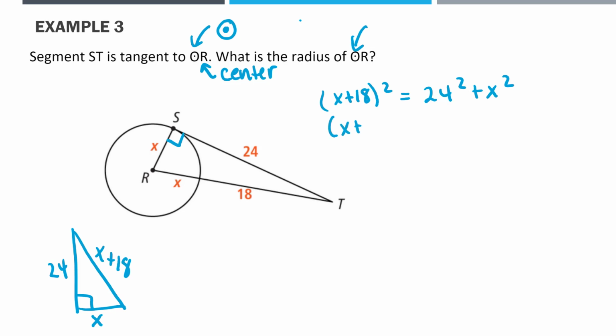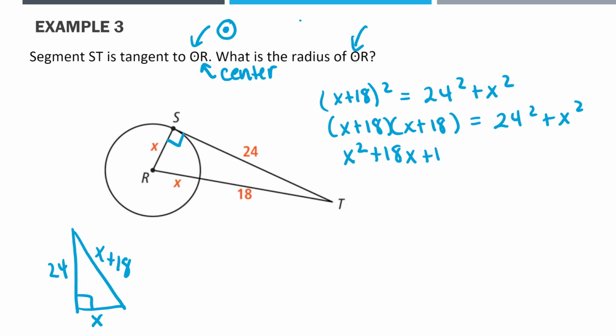When we simplify the left-hand side, we need to FOIL because it is a binomial times a binomial, meaning two terms times another two terms. X times x is x squared, that's our F. Our O is the outer, so x times 18. So we get plus 18x, our inner, plus 18x.